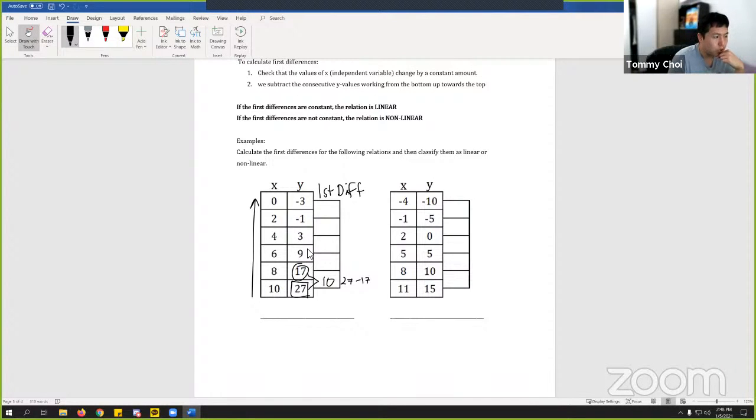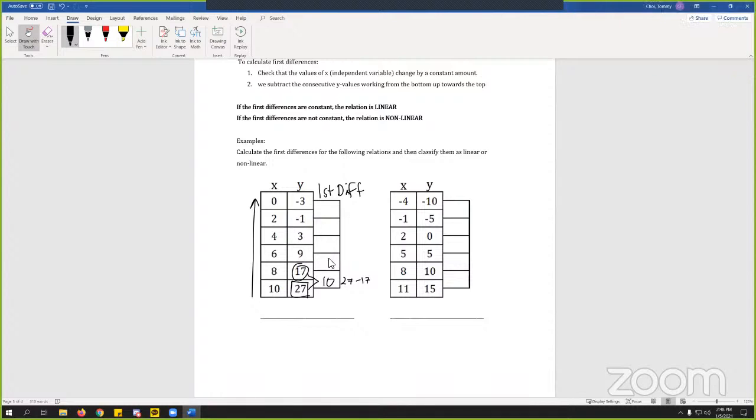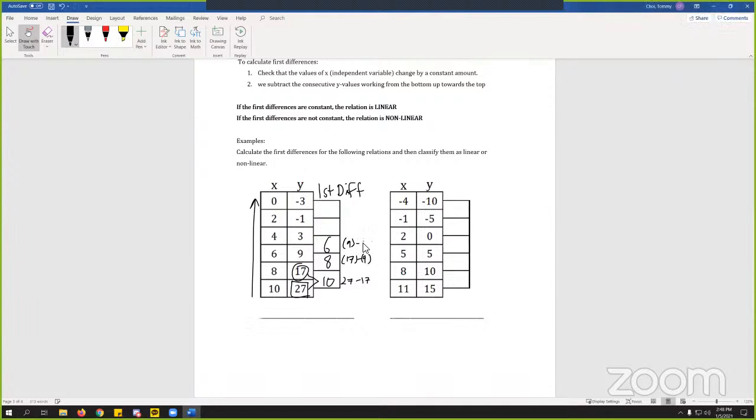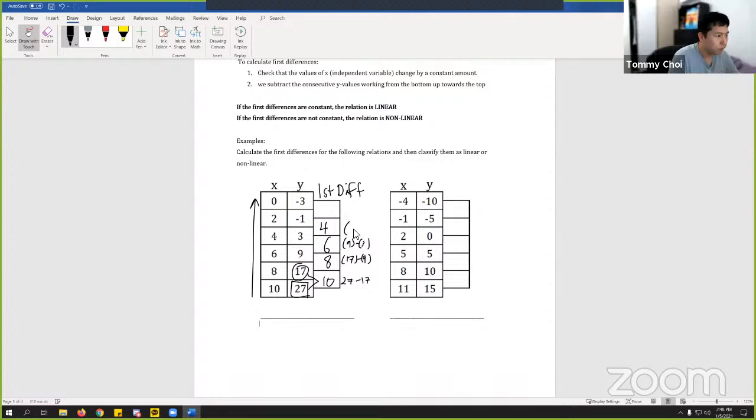Bottom up, next two. 17 minus 9 is 8. Then 9 minus 3 is 6. Then 3 minus negative 1. So let me write down the values here. The answer is 4. Good. And the last one here is negative 1 minus negative 3. It would be 2. So is this linear or nonlinear?